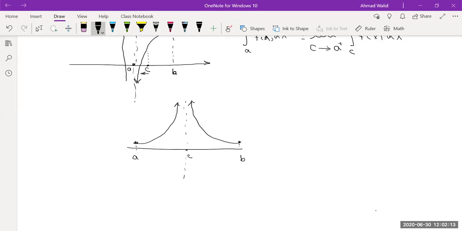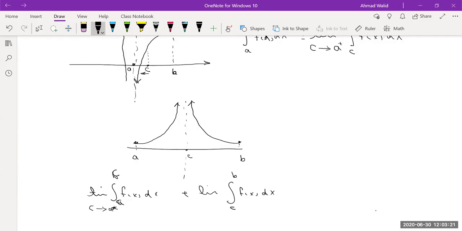Then how to deal with this integral? You do the limit of integral of f of x dx, C approaching A from the right, here from C to B, plus the other part, limit integral from A to C, C approaching from the left, plus integral from C to B f of x dx.